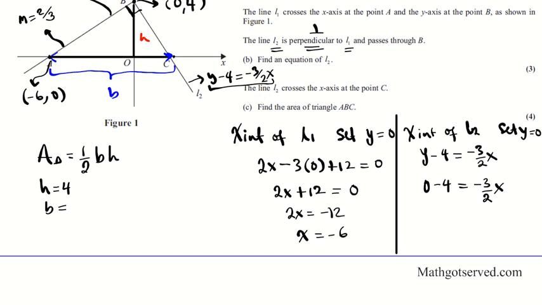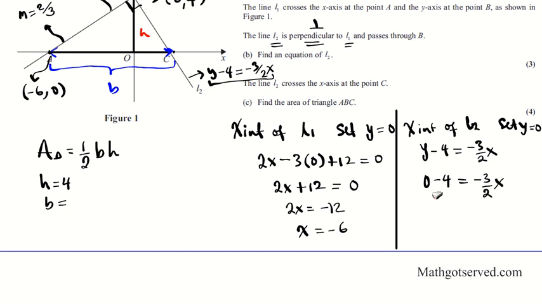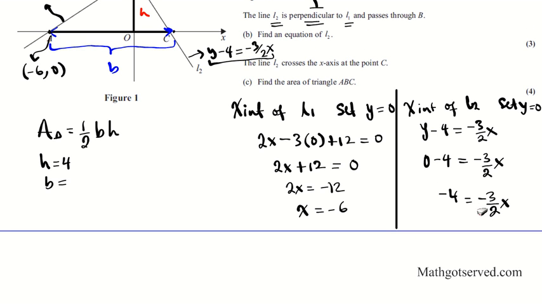Now to get x by itself, let's just subtract this first. We have negative 4 equals negative 3 over 2 x. To isolate x, we just need to get rid of this negative 3 over 2. So what we'll do is multiply by its reciprocal: multiply by negative 2/3 on the right, and multiply by negative 2/3 on the left.